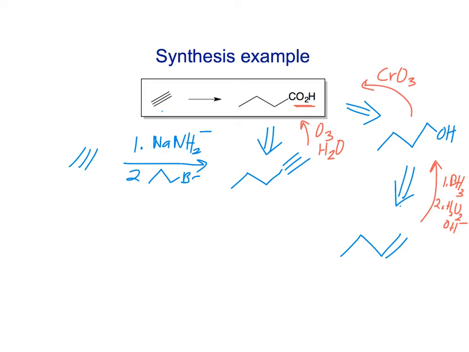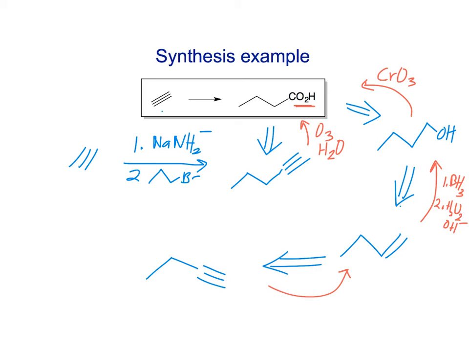All right, but we need to get back to an alkyne, right? So let's do one more retrosynthetic step. We could get back to this alkyne. How do we convert an alkyne to an alkene? All right, we have 2 ways to do this.